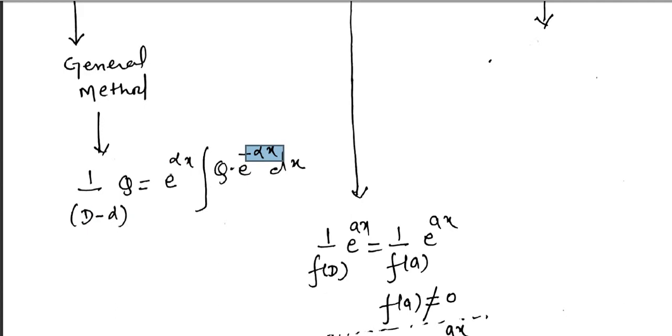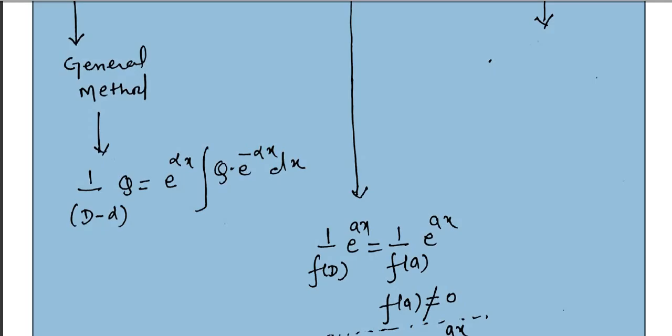Remember that, and please note it very carefully. Whenever the term is, suppose, D plus alpha, then in this formula we use e to the power minus alpha x, and here we use e to the power alpha x dx.